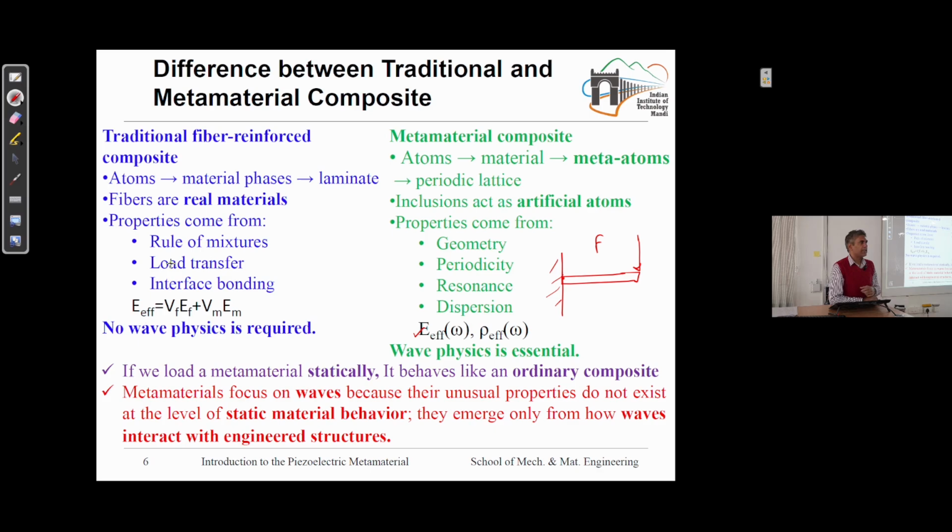At a certain instant they may be 0 or negative, but in the real sense they are not actually negative or 0. That is a very important concept of metamaterial. Metamaterials are designed only to sustain dynamic loading, because dynamic loading has frequency, and the effective properties of metamaterials depend on the frequency.